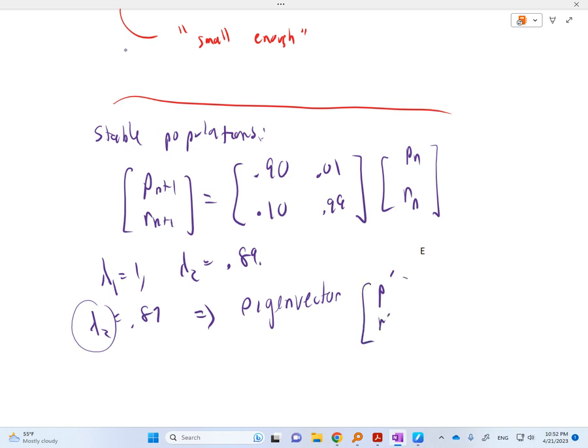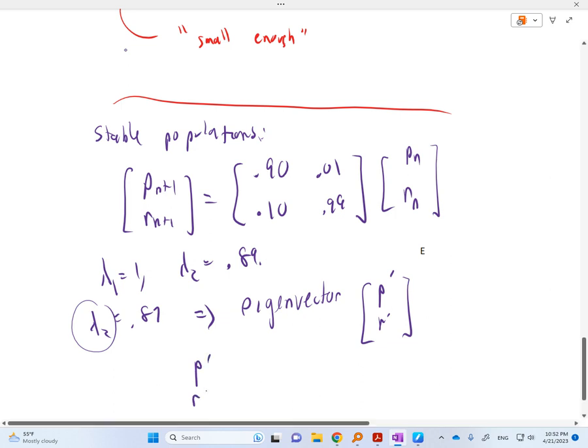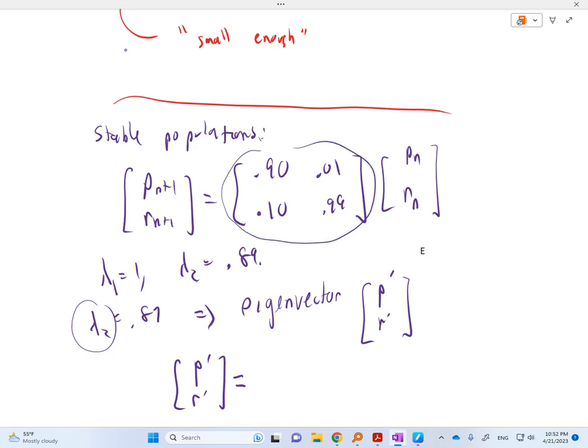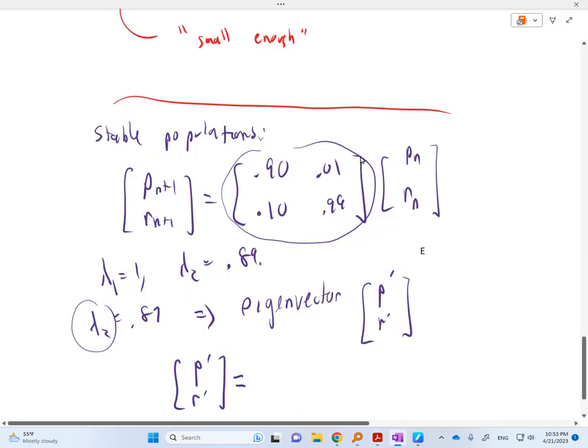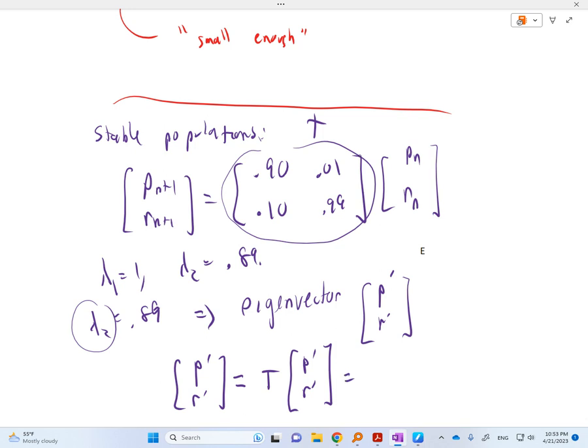So what does P prime, R prime satisfy? He called this matrix T. P prime, R prime is equal to T times P prime, R prime. But since it's an eigenvector with this eigenvalue, that's equal to 0.89 times P prime, R prime.